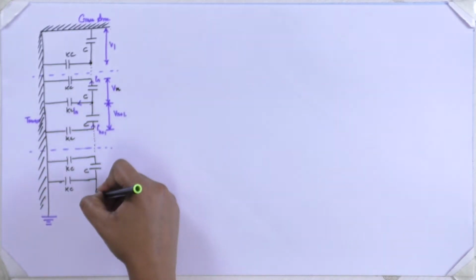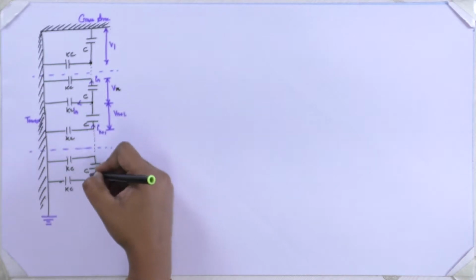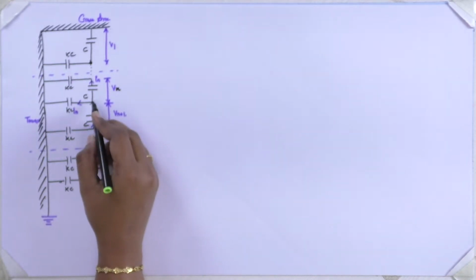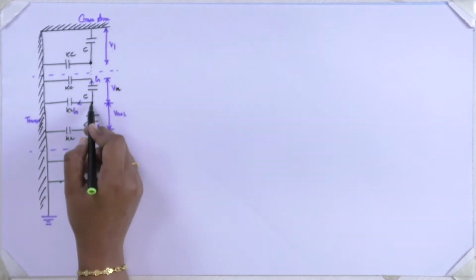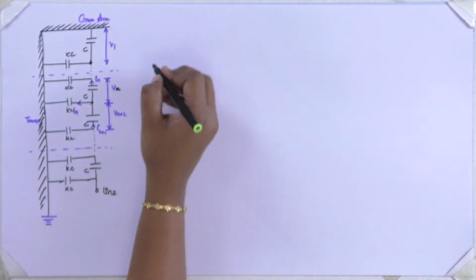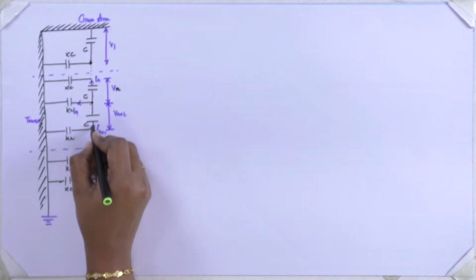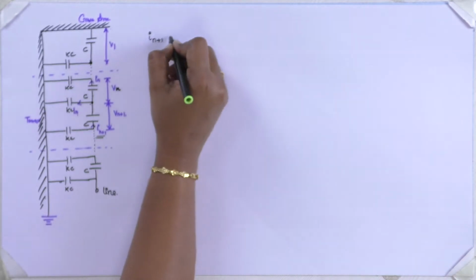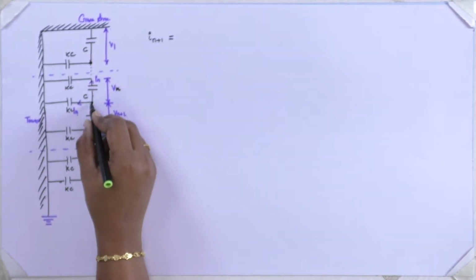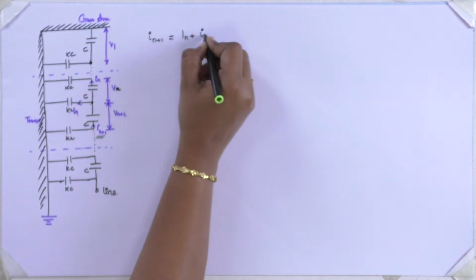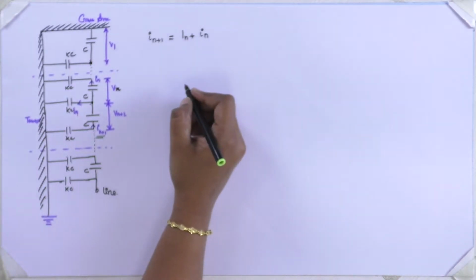So the current is drawn from the line in this direction if this is the suspension type. The current here will be In plus 1, and here the current is capital In. This is the current I have differentiated as small in. So by KCL, In plus 1 equals capital In plus small in.